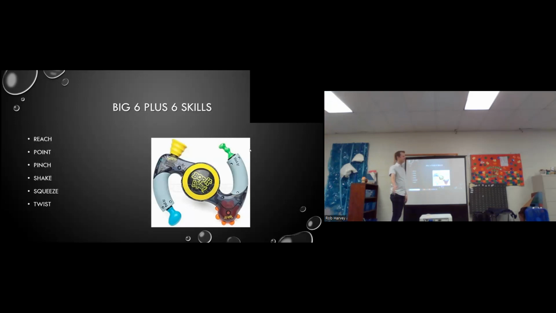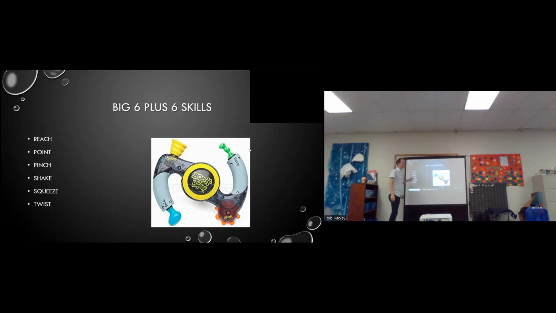This is like a whole training in and of itself, and I'm not exactly sure what the +6 is, I think it's the 6 additional ones that aren't on there. But the big 6 skills are physical skills that our kids really need to be able to do as component skills of many other things: reaching, pointing, pinching, shaking, squeezing, and twisting. So you want them to be able to do these things fluently. Reaching towards something that they like, pointing at something that they like, squeezing like an eyedropper tube or a push-up bottle or whatever it might be.